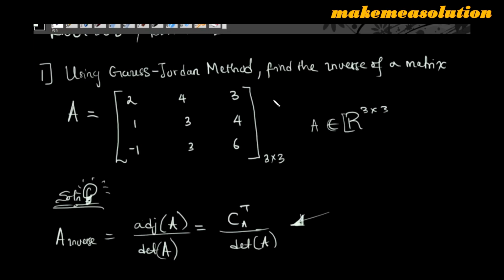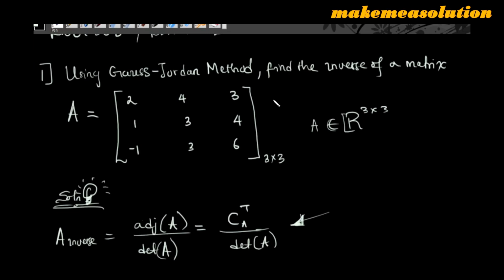But if you go further, from row echelon form to reduced row echelon form, you have performed Gauss-Jordan elimination on that system.